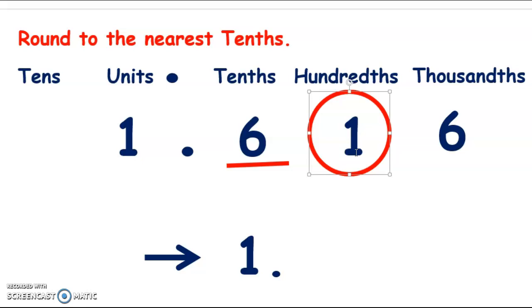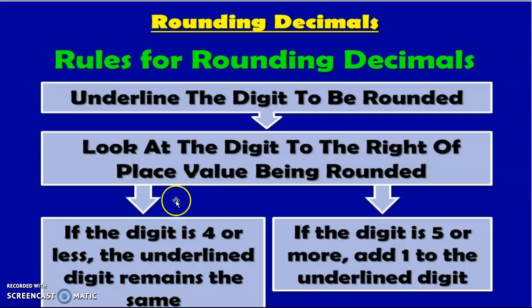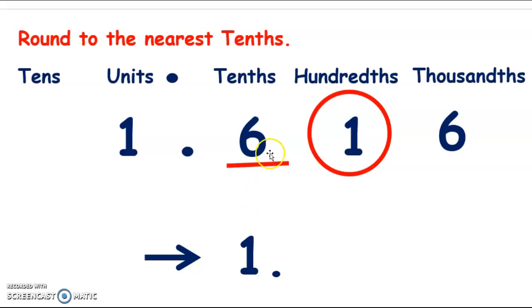It is 4 or less. Our rule says if the digit is 4 or less, the underlined digit remains the same. Our underlined digit is 6. So because 1 is 4 or less, we leave our underlined digit the same. So our answer is going to be 1.6.